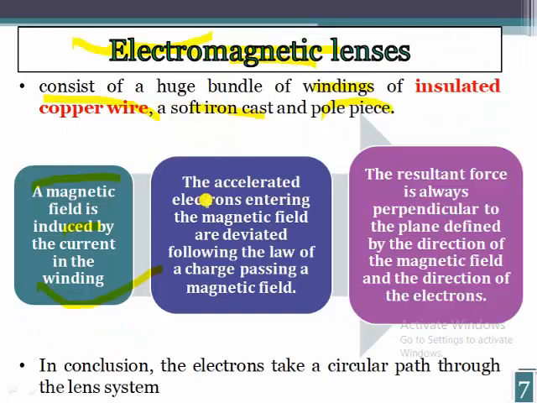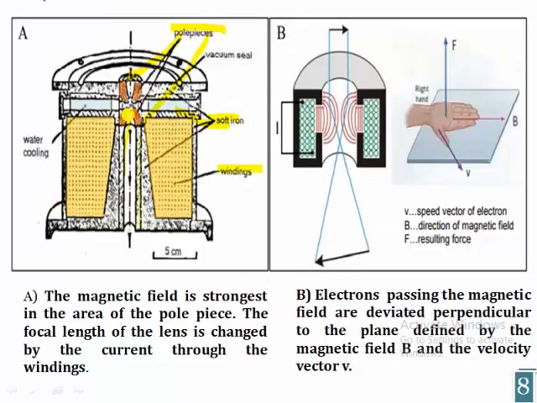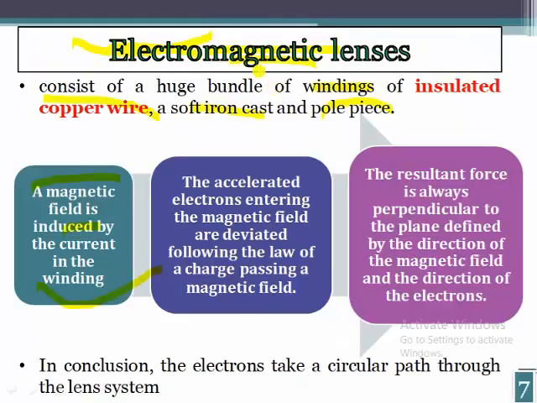Then the accelerated electrons entering the magnetic field deviate following the law of a charge passing through a magnetic field. It will pass the magnetic field, and lastly it comes over here to the pole pieces. After that we will get a force.